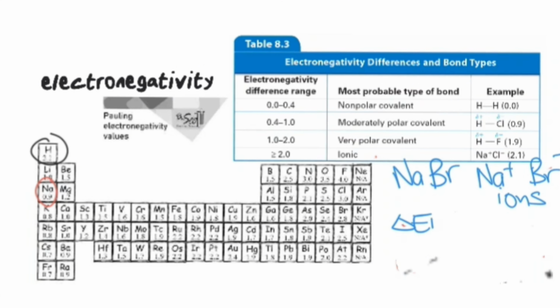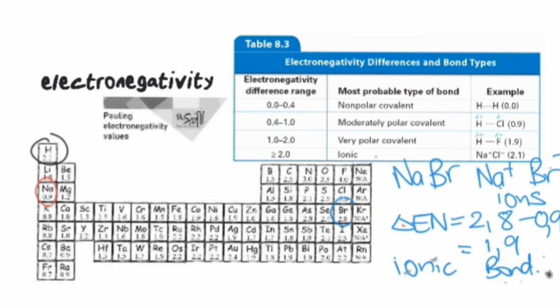The electronegativity difference is equal to, I'll see that bromine is 2.8 and sodium we know is 0.9. The difference there is 1.9. So this is also an ionic bond. All right. Now, if there's a compound, now these don't have any subscripts. So if there is a subscript, we have to do something else.